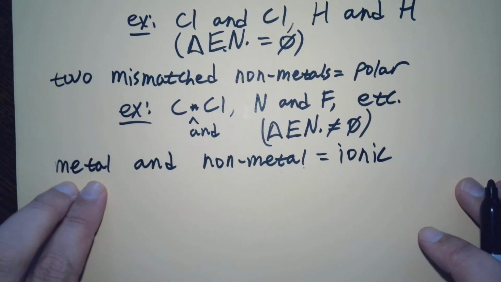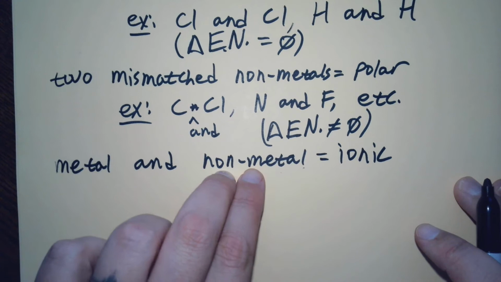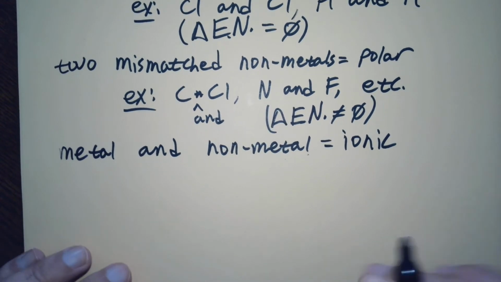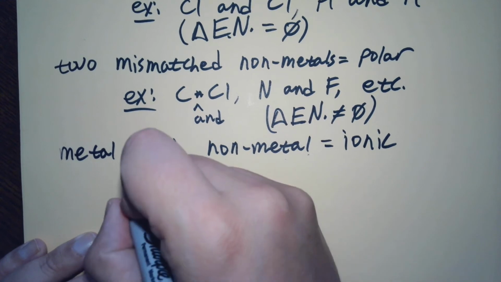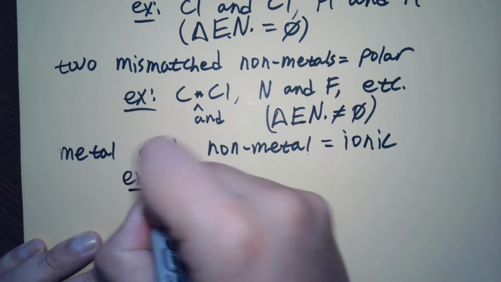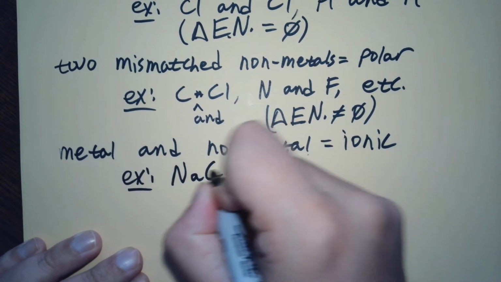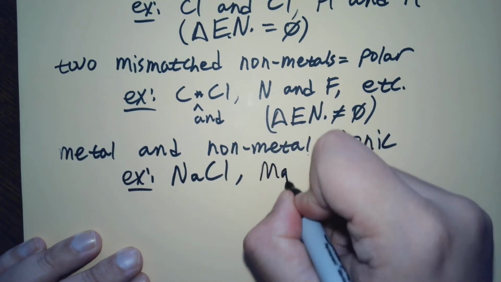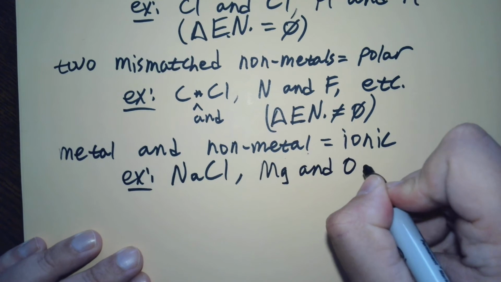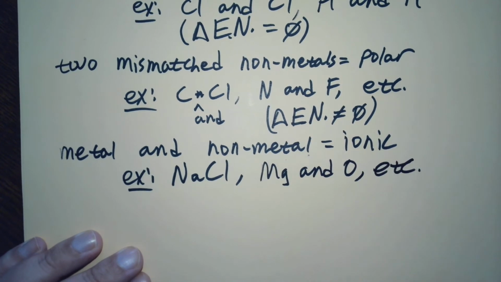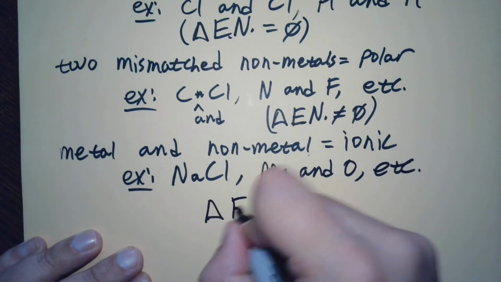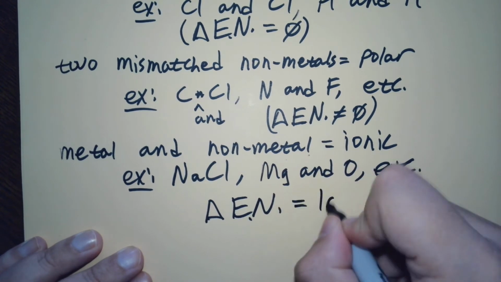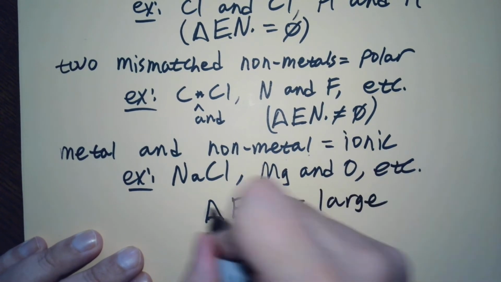Very low electronegativity and very high electronegativity compared to a metal for a nonmetal. And so we've talked about some examples, but NaCl, magnesium and oxygen, so on and so forth. And what you get is a delta difference in electronegativity that is large.